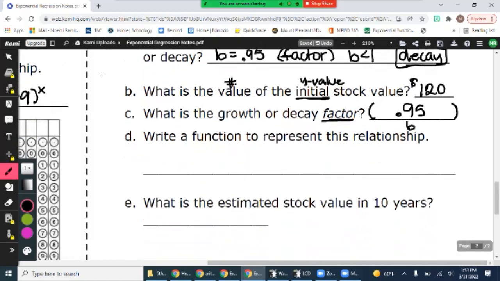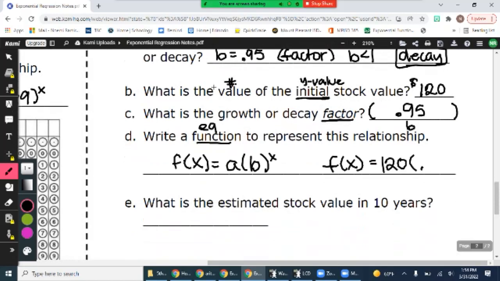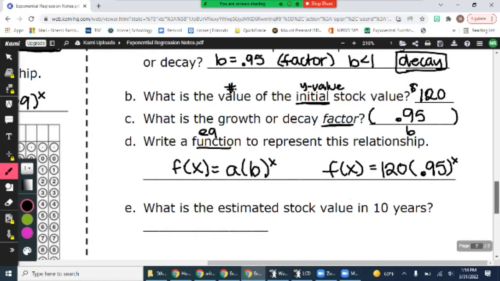Let's write a function. Let's write an equation. F of x equals A times B to the power of x. So 120 goes after the equal sign, and 0.95 goes in the parentheses. It said, what is the estimated stock value in 10 years?